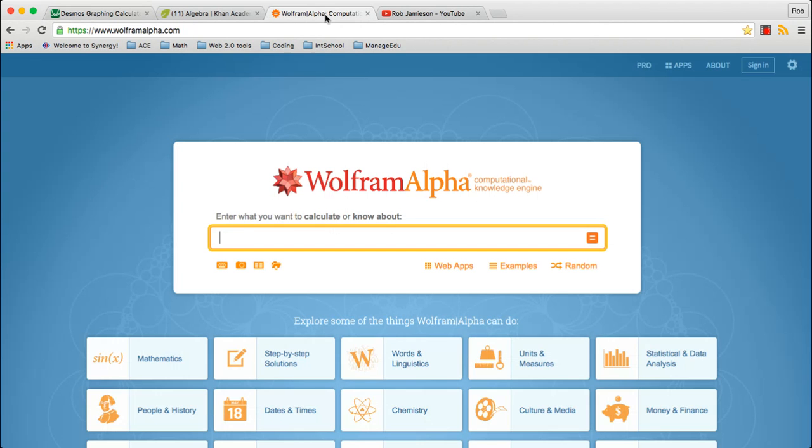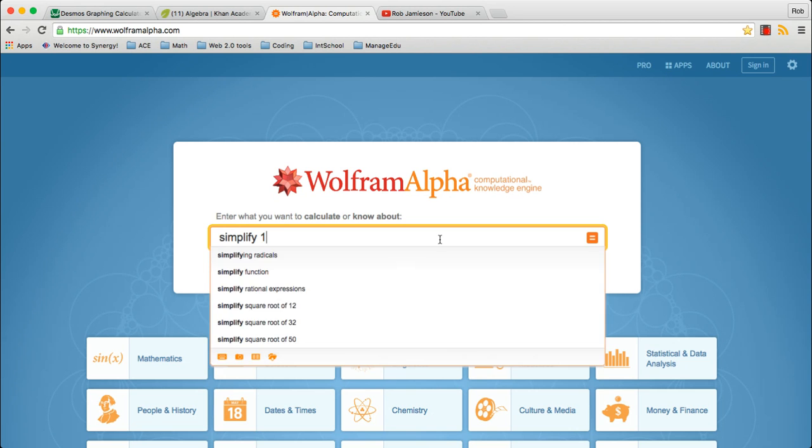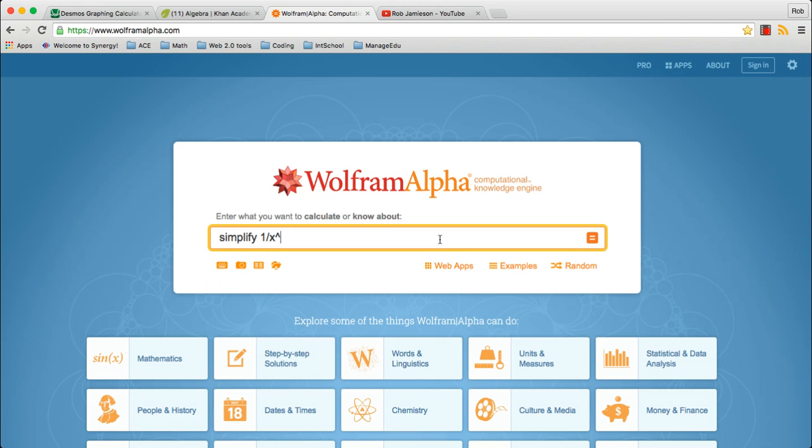The last one is Wolfram Alpha, and you can look at how to spell it. When I was studying pre-calc, calc 1, 2, 3, differential equations, the higher level math classes I needed to take for my bachelor's in math, this was free, and I could type in something like simplify 1 over x squared plus 3x plus x to the second power.